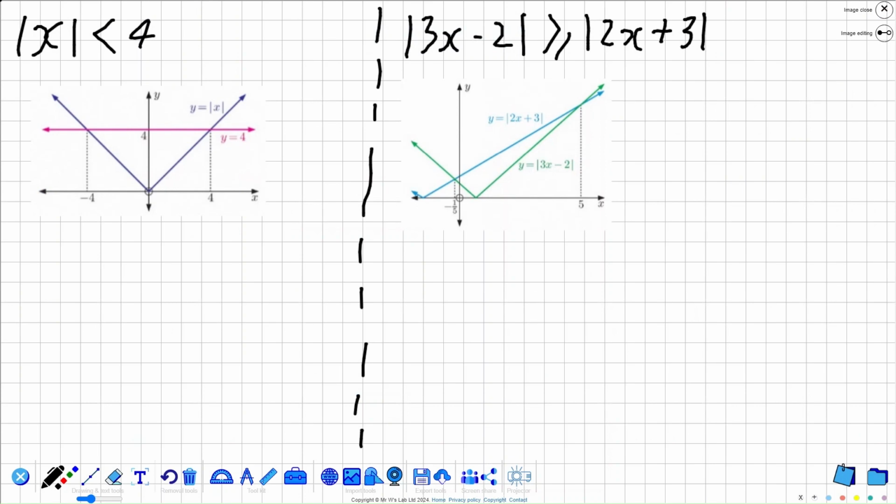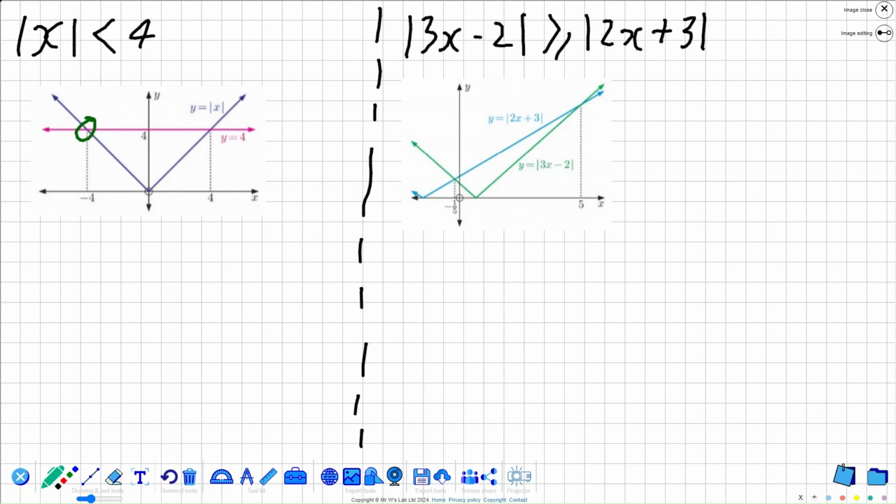Here we've got two new questions. We've got |x| < 4, and then we've also got |3x - 2| ≥ |2x + 3|. We've got the graphs for both of them here, but let's just have a look at the first one. We can pretty clearly see that this purple-blue line is y = |x|, and the pink line is y = 4.